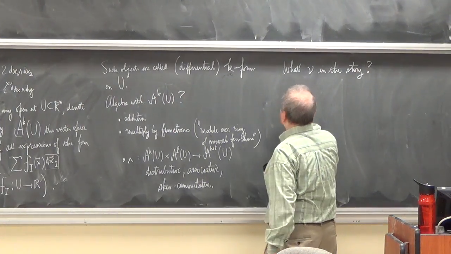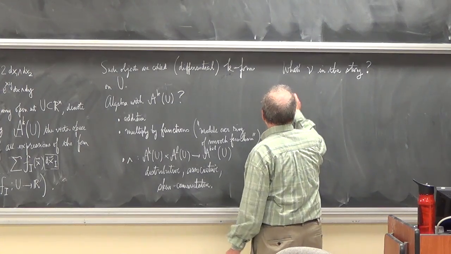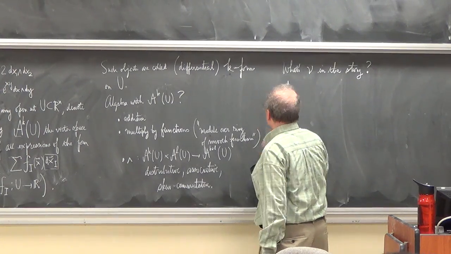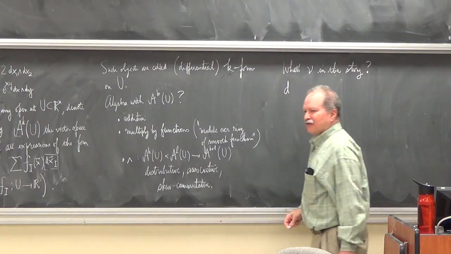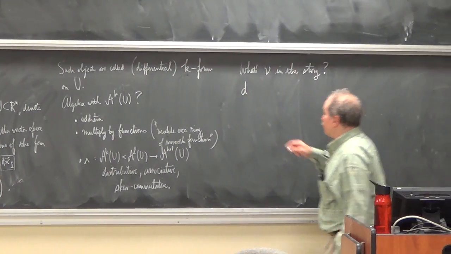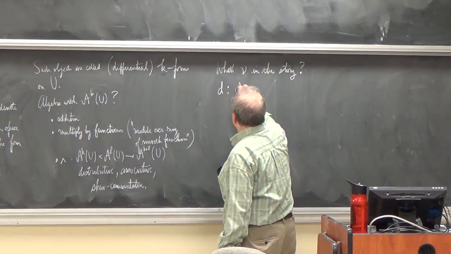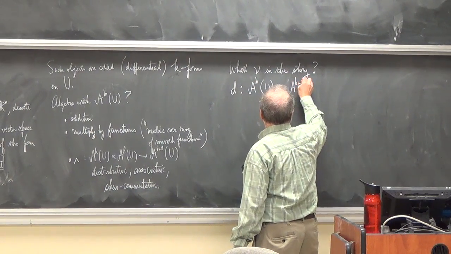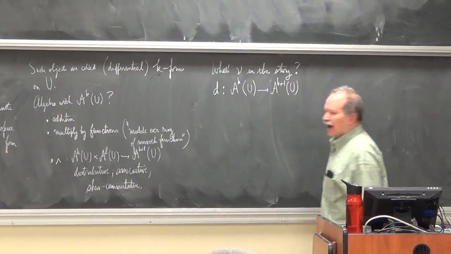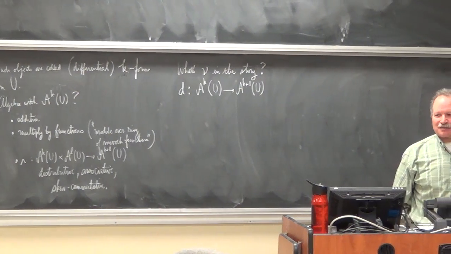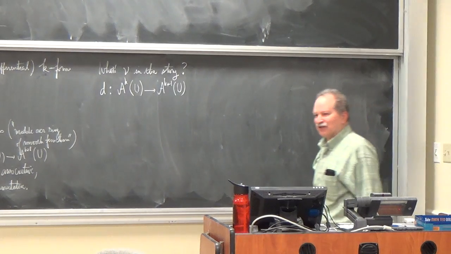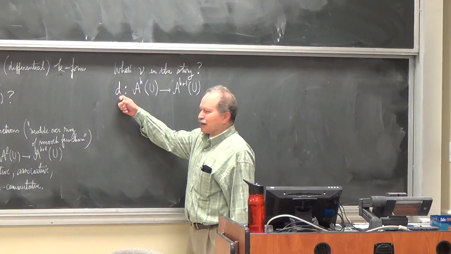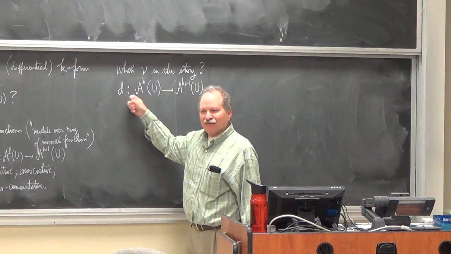Right. It's true. All right, so there's going to be this creature d, which is going to be a derivative that's going to map k forms to k plus 1 forms. Now, a pedantic person in the audience, but luckily we haven't any, might want me to put a subscript and say this is d sub k.